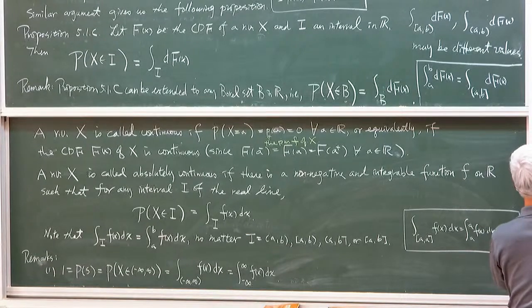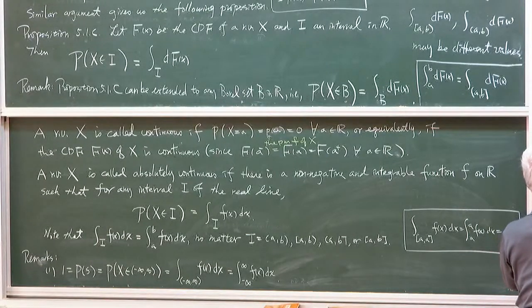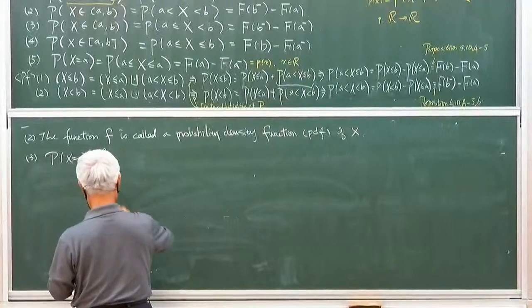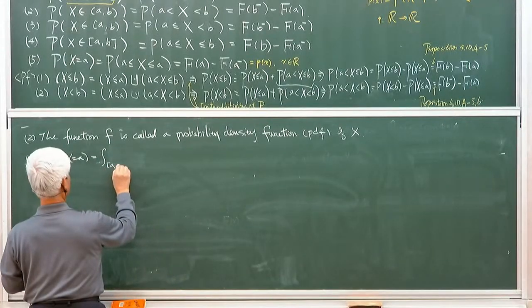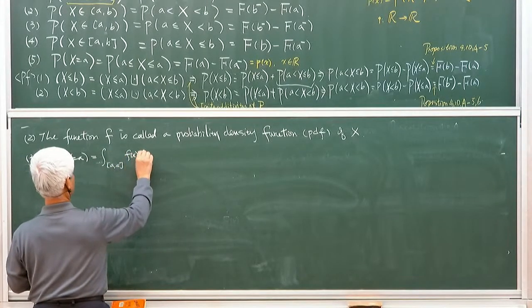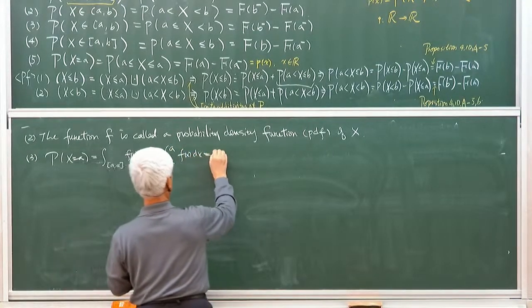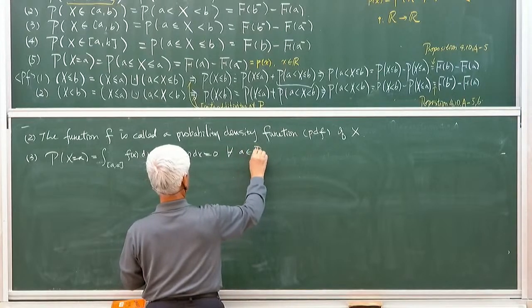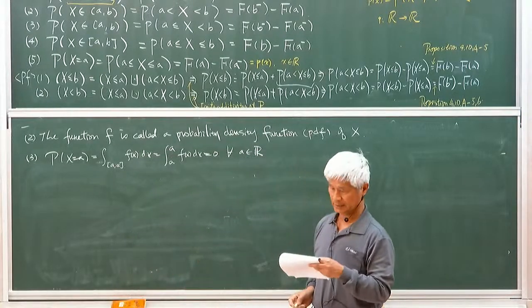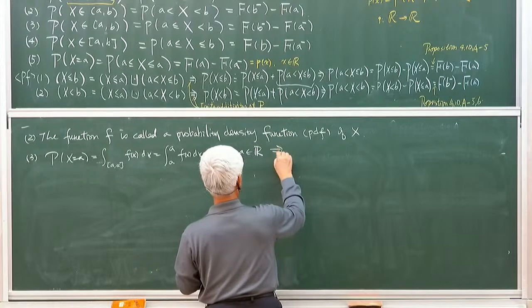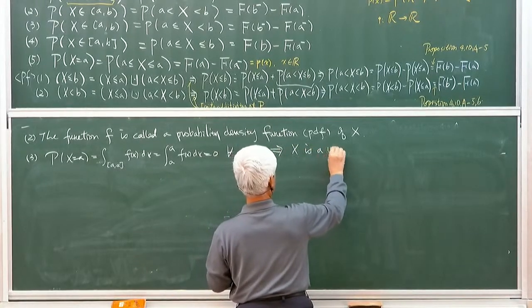The third one, of course, because we have this, this implies that X is a continuous random variable.